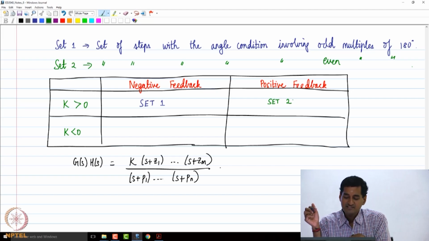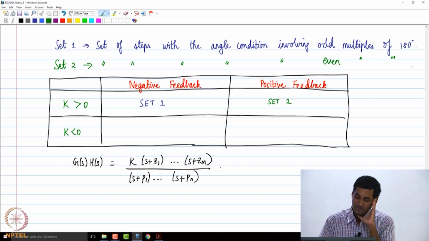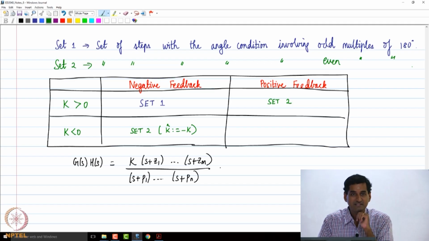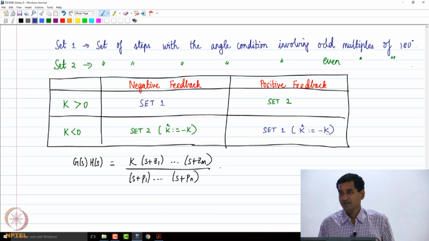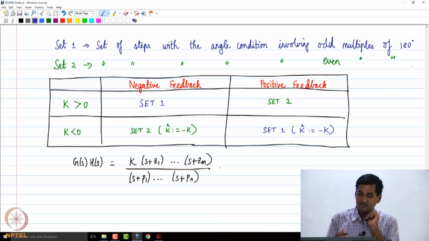If k is less than 0 and we have negative feedback, we use set 2, but with k hat defined as minus k; that is the difference. And when we have positive feedback with negative k, we use set 1 with an equivalent definition, k hat being defined as negative k. So, that is how we need to construct.